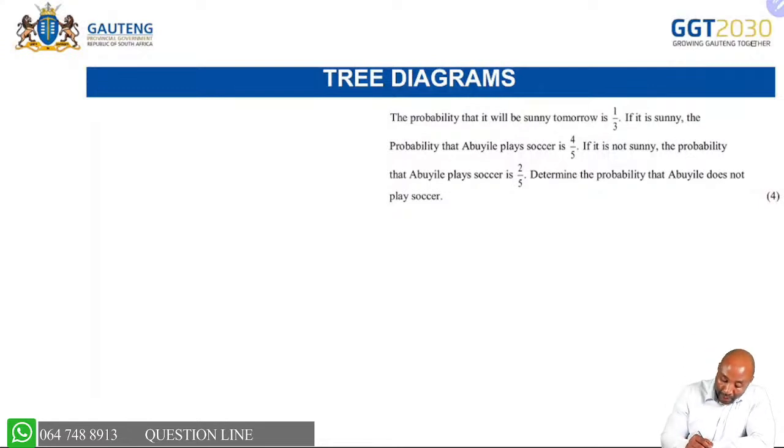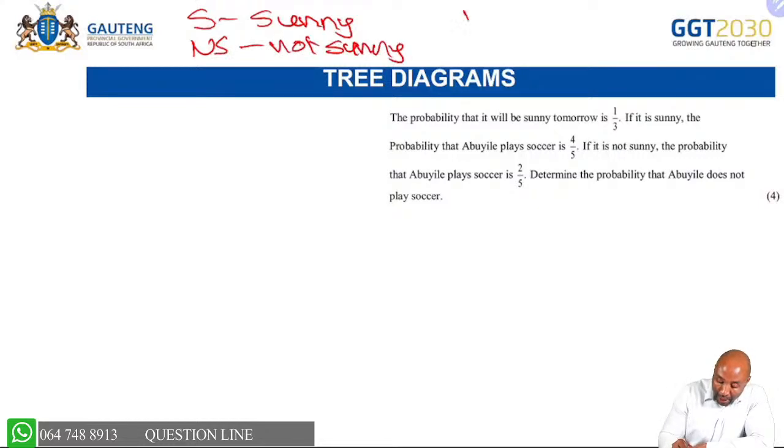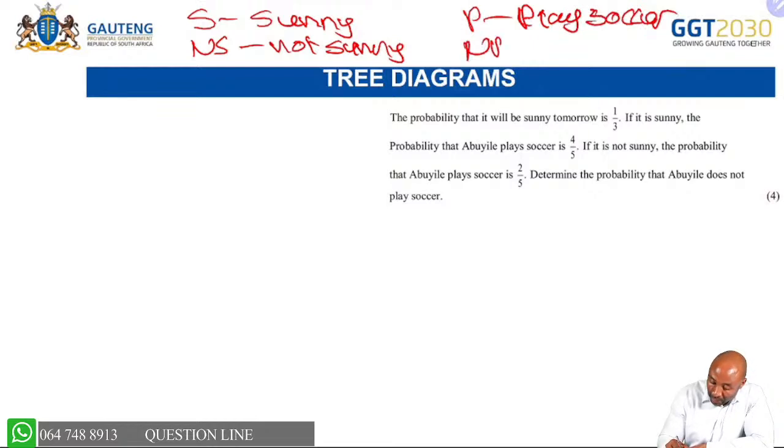So, I will use S for sunny, NS for not sunny, I'll use P for play soccer, and I'll use NP for not playing soccer. You are able to see that.